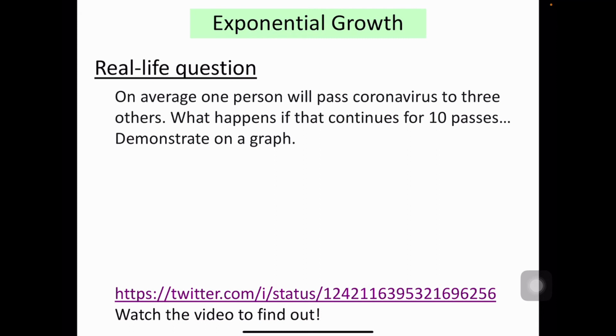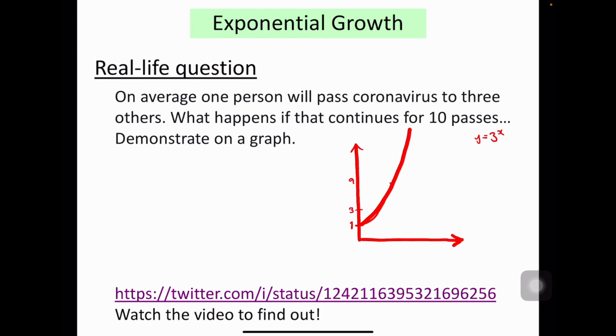If I were to demonstrate this on a graph, well, it would just be a graph of y equals 3 to the x. So at x equals 0, so when we have 0 passes, before the first pass has been made, we have 1 person with coronavirus. Then the first pass is made, then we have 3 people, then we have 9, and so on and so forth, and it would look something like this.